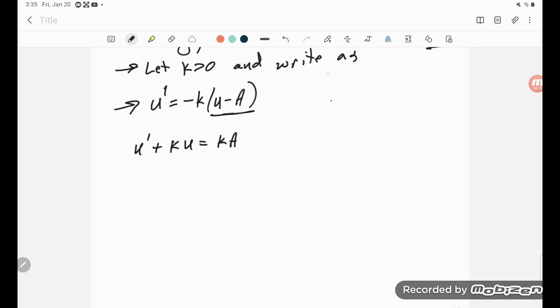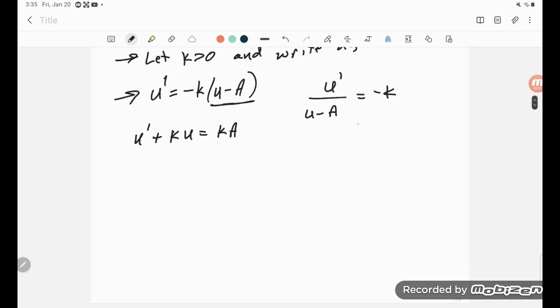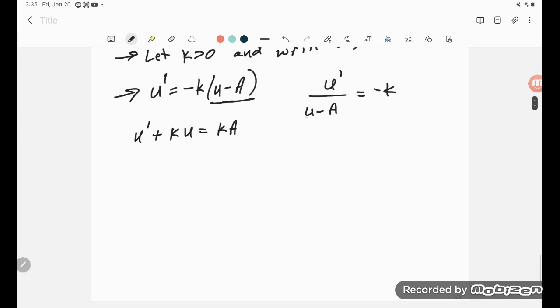I could divide both sides by that. So I've got U prime over U minus A is equal to minus K. We might do this same model again in section 2.2, but for now, we'll solve it using the integrating factor.